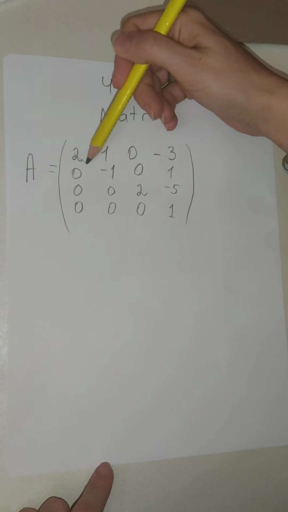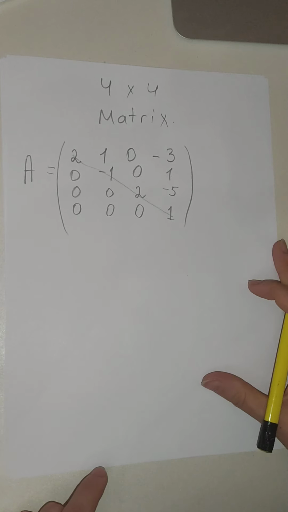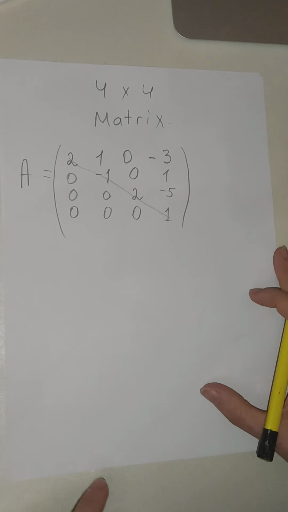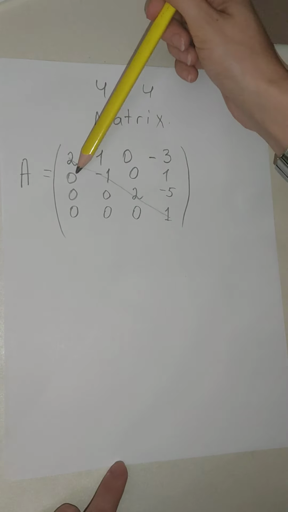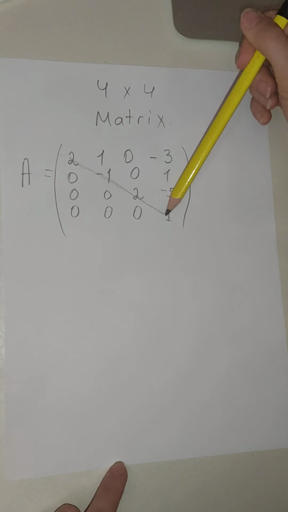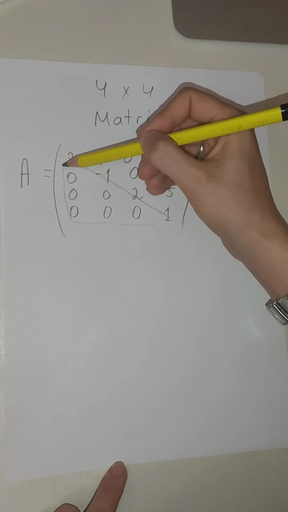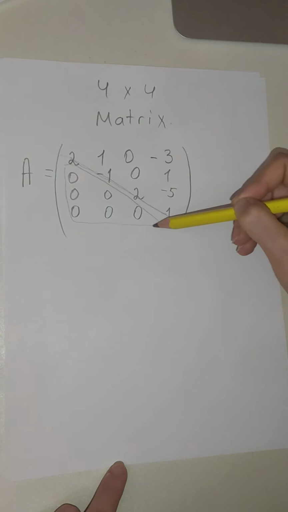But here we have a case. The remaining elements under the diagonal elements should be equal to 0. These elements should be equal to 0.